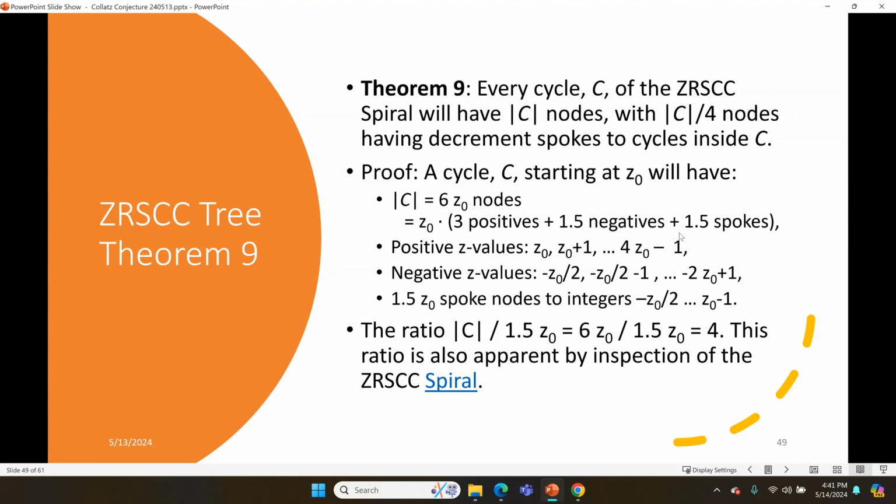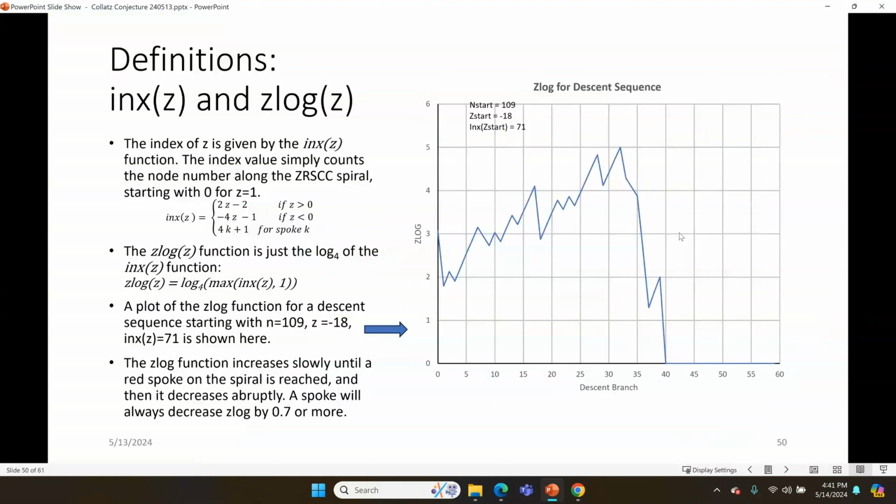It's convenient to define 2 functions that make it easier to represent the descent function in the Z domain. Those 2 functions are the index of Z and the Z log of Z. So the index of Z is just the coordinate along the spiral, starting at 0 for node 1, and then incrementing by 1 for each value along the spiral.